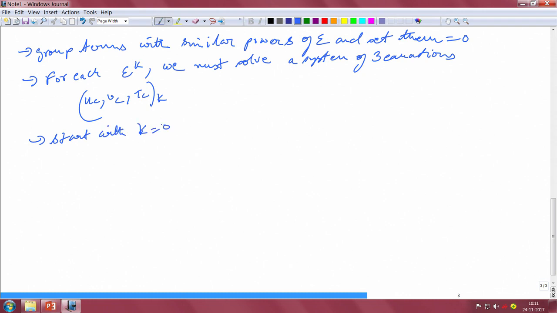This is the asymptotic expansion procedure.